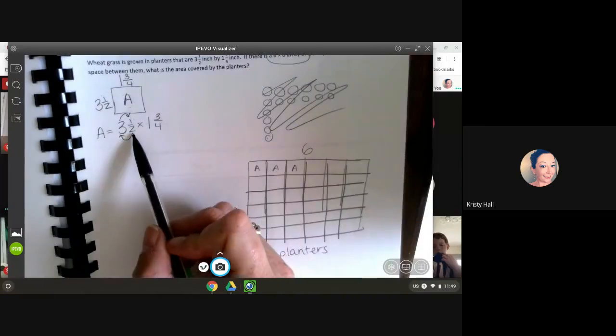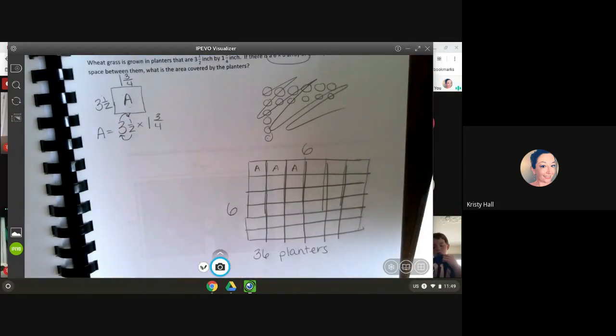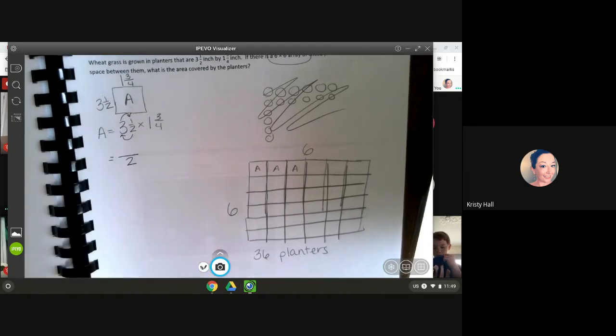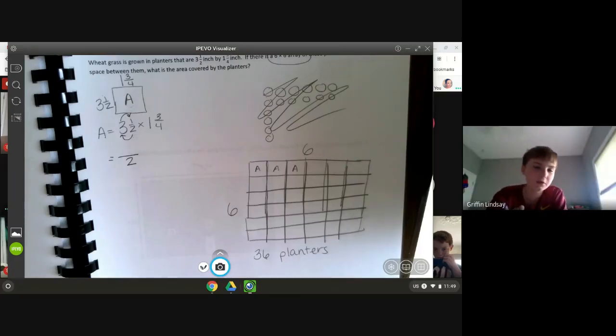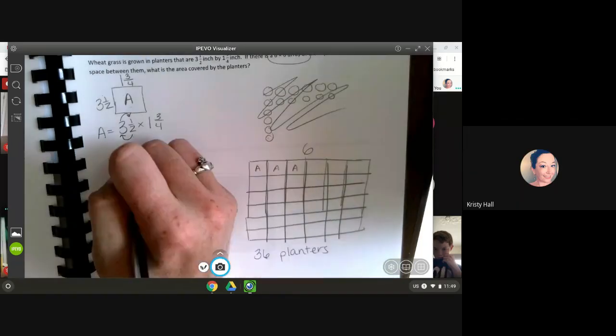So 2 times 3 plus 1, what are we gonna get? Griffin? Amari, are you following along with me? We're gonna get 6 if we multiply 2 times 3, and then we're gonna add the 1, so we get 7. Great job, Griffin, nice job.